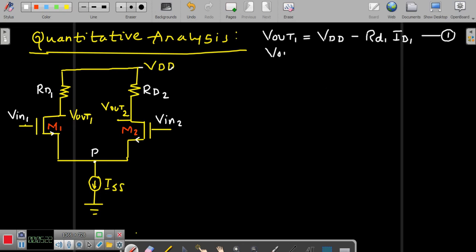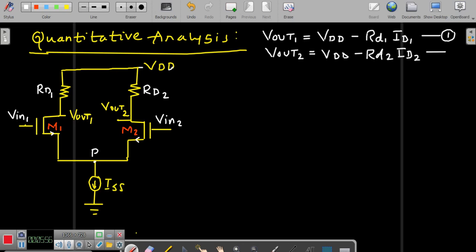Similarly, Vout2, all of you please have a pen and paper with you, because these things are very important even from the point of view of examination. Vout2 is equal to VDD minus RD2 into ID2.